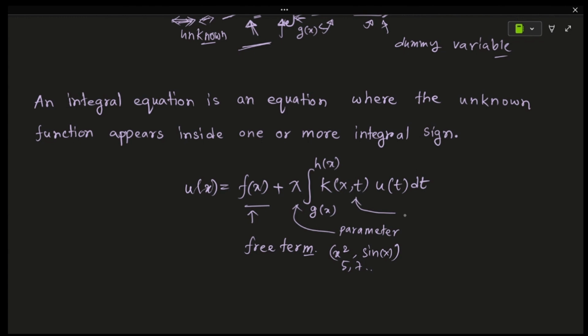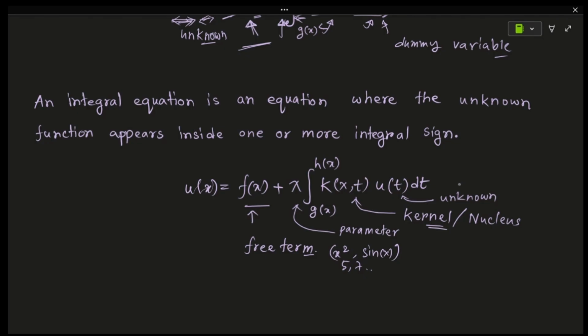This k of x, t is a special one. It's known as the kernel or nucleus. In most cases, we just use kernel. This is very important, and it acts as the backbone of this whole integral. This u of t is the unknown function that we talked about. And this is just the dt.